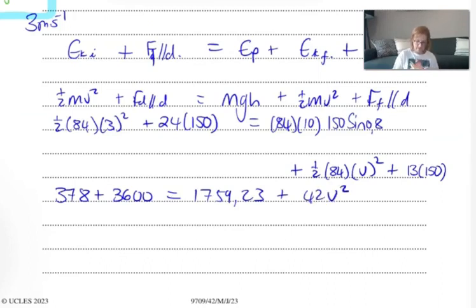V squared, and then 13 times 150. So sometimes my students like to first calculate each of these things on the side somewhere, and then put it into one equation. So that makes sense, especially because otherwise the equation can be quite long. I personally like to just do it all in one.